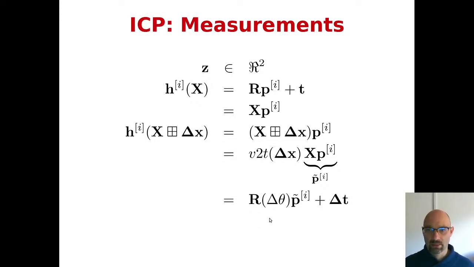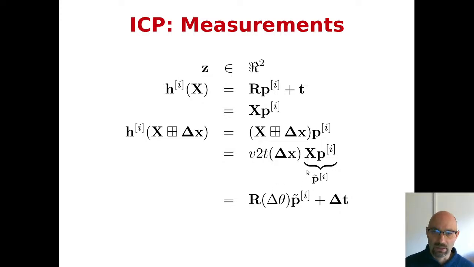Then I expand the definition of V2T. V2T is a transformation matrix, right? This object here is a transformation matrix, whose rotation matrix is R of delta theta and whose translation vector is delta t.